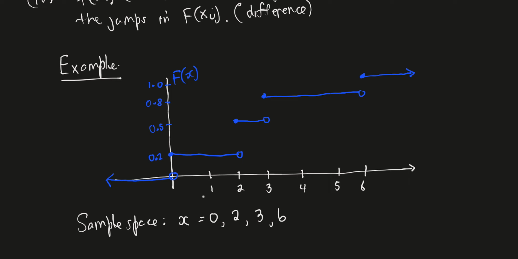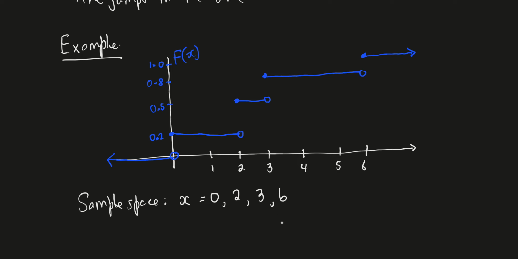Yes, in many instances we might have a random variable that can take on consecutive integers, and maybe it never ends, in which case it would be countably infinite. But this is a random variable where, whatever it represents, the possible values are 0, 2, 3, and 6. Okay, so that's the sample space.